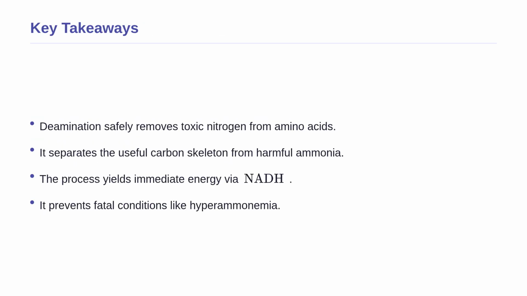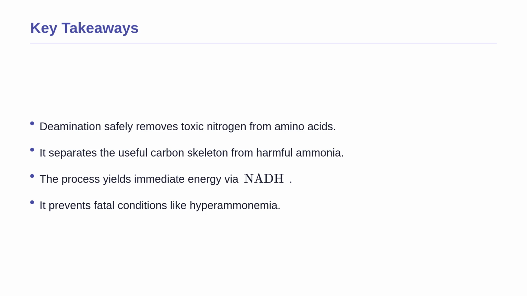We have covered a lot of ground today, so let us review the most important ideas. First, deamination is the essential metabolic gateway that allows our bodies to safely utilize proteins for energy. By carefully stripping away the nitrogenous amino group, the cell separates the toxic waste from the valuable carbon skeleton.